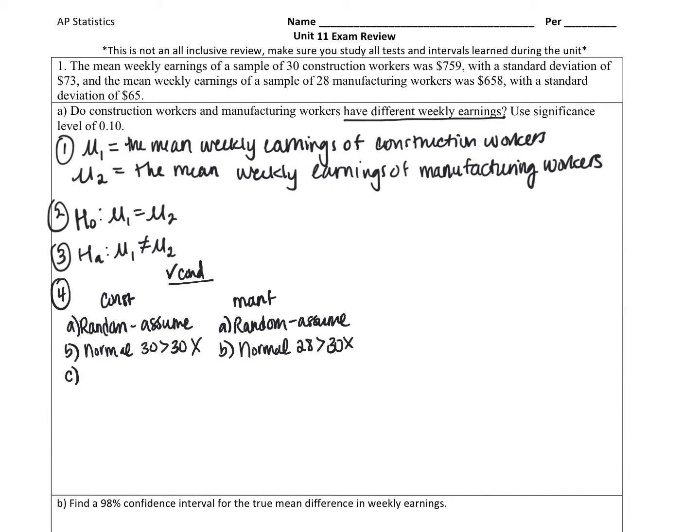Step C, 30 is less than 10% of the population. And step C, 28 is less than 10% of the population. And for D, for both, sigma is unknown. So not all conditions are met.